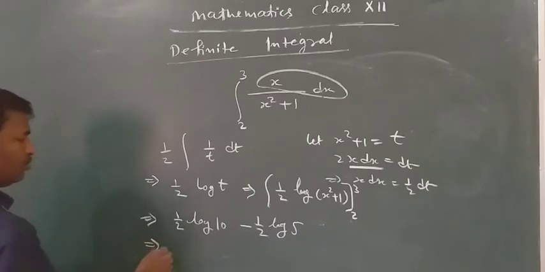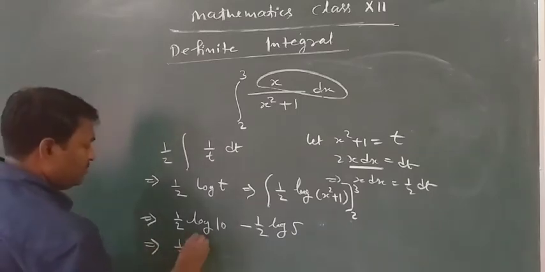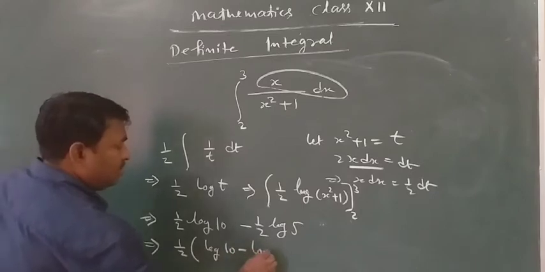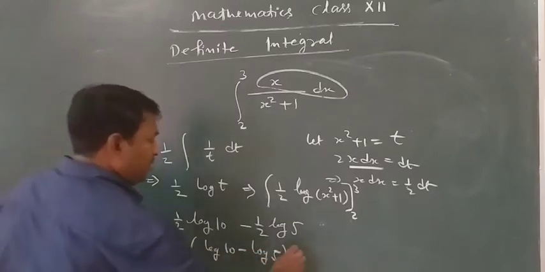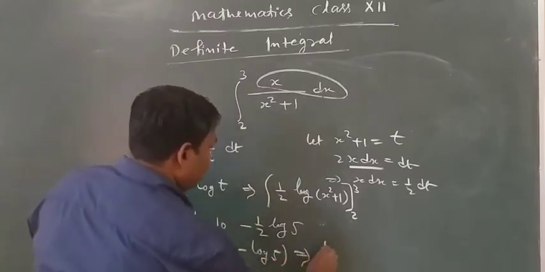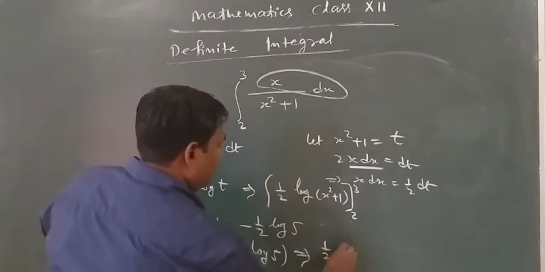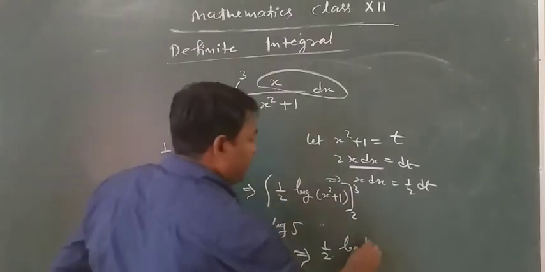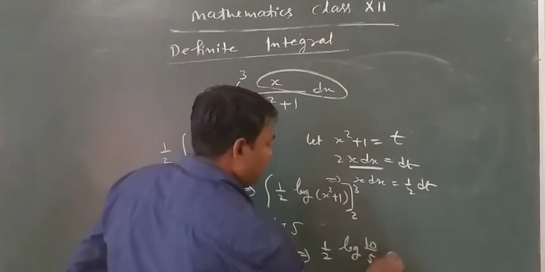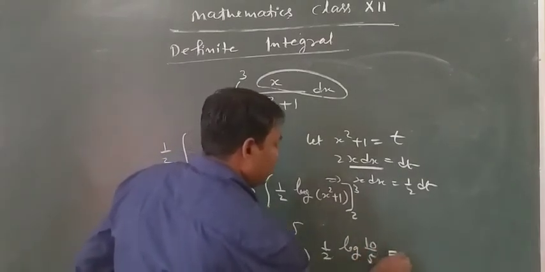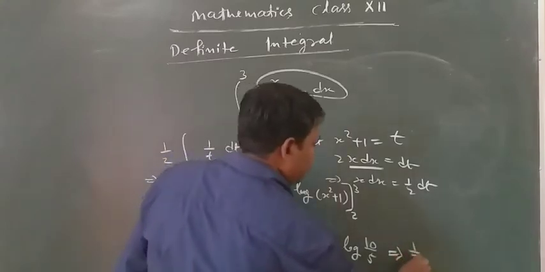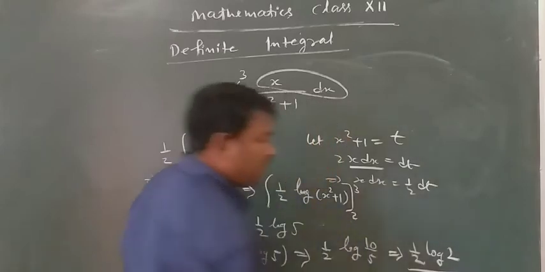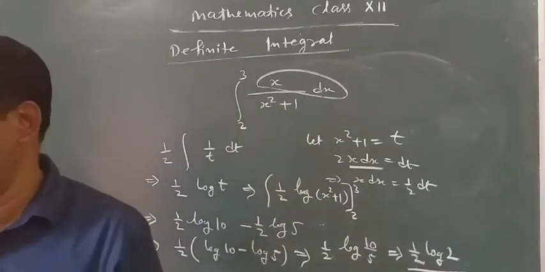Thereafter, taking 1 by 2 common, you will get log 10 minus log 5. This gives 1 by 2, and log m minus log n is log m upon n, so log of 10 by 5. So this will give you 1 by 2 log 2. This is your result.